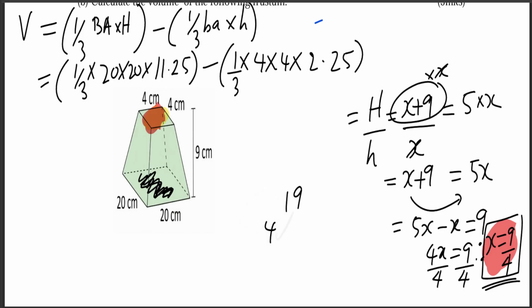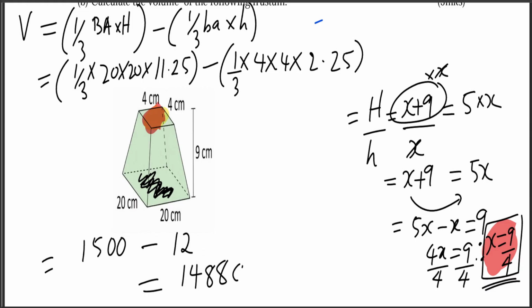Let's see how much it is going to give us. Let's calculate the first one: a third times 20 times 20 times 11.25 is going to give you 1500, minus a third times 4 times 4 times 2.25, which is going to give us 12. 1500 minus 12 is going to give you 1488 centimeter cube.